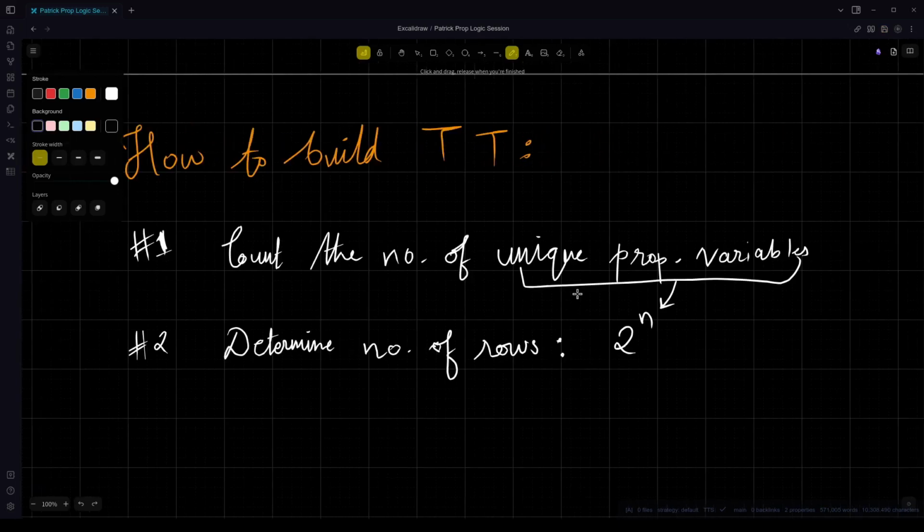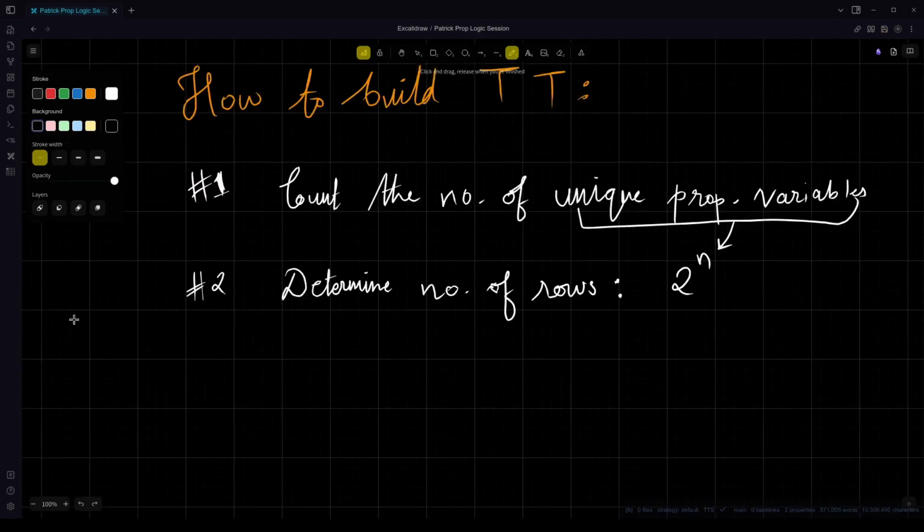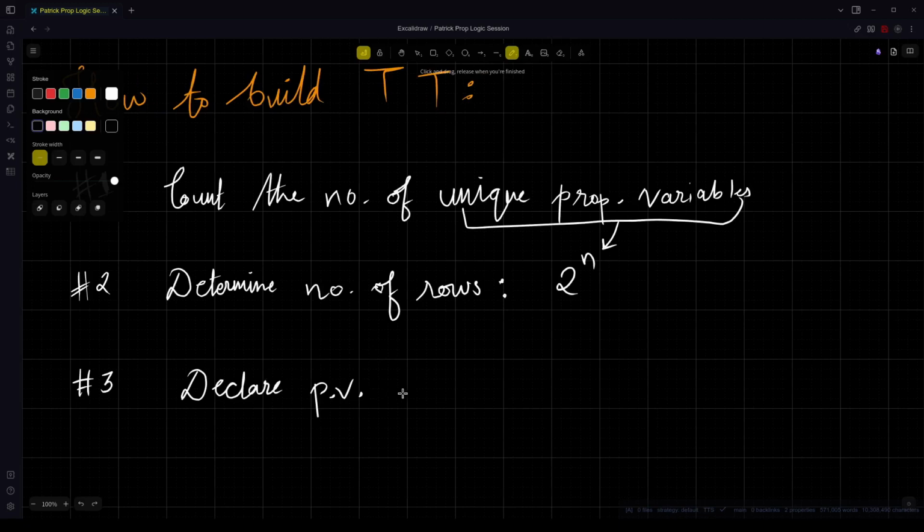Next step, we draw the first few columns of the truth table. The first columns of the truth table will be declaring all the unique propositional variables, and listing out the possible combinations, basically filling out all the rows. So declare PVs, I'll just abbreviate it as PVs, and fill rows.